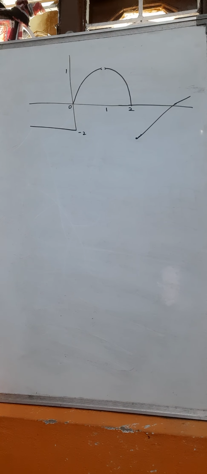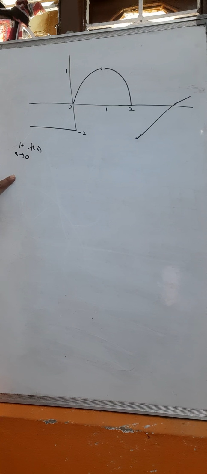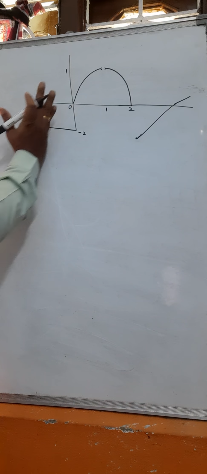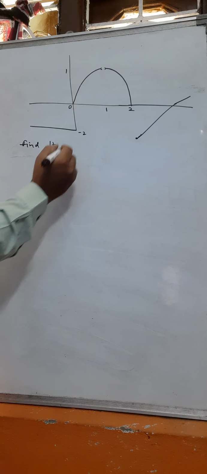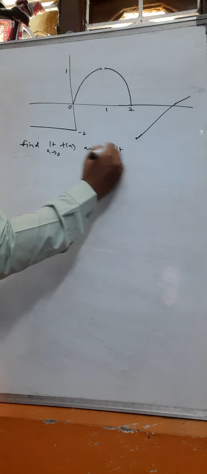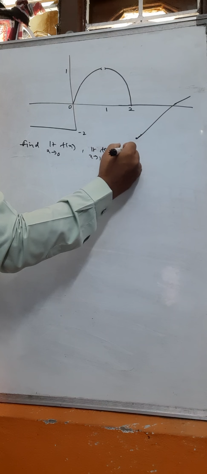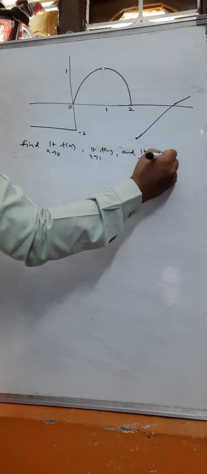So from the given diagram, now find limit x tends to 0 f of x. Does it exist or not? Verify that. First of all, find limit x tends to 0 f of x, limit x tends to 1 f of x, and limit x tends to 2 f of x.